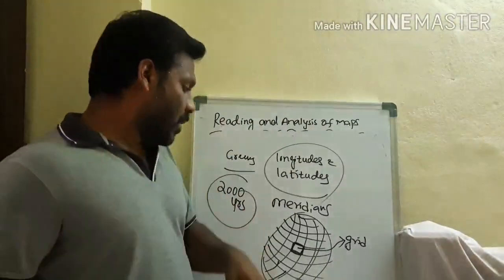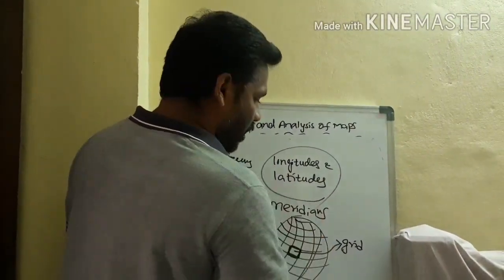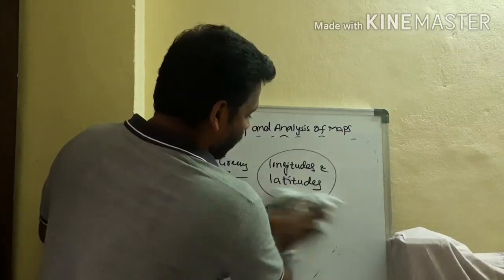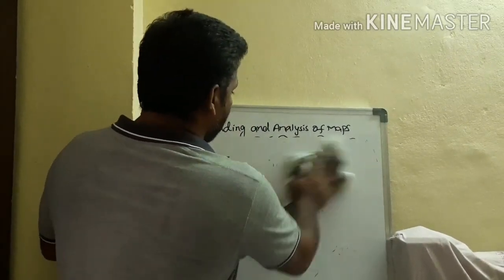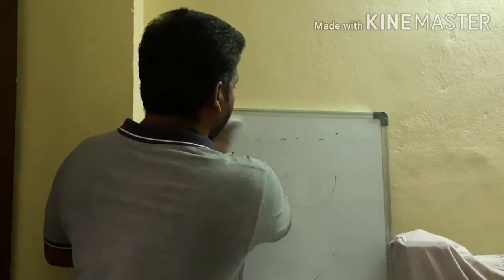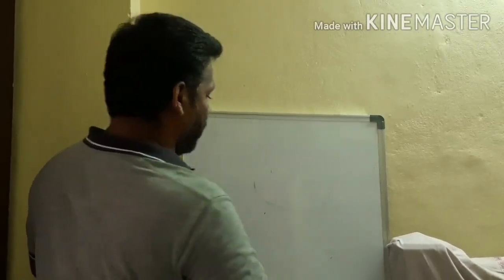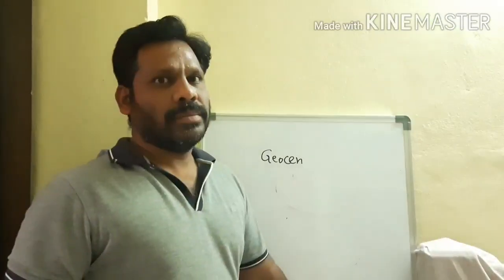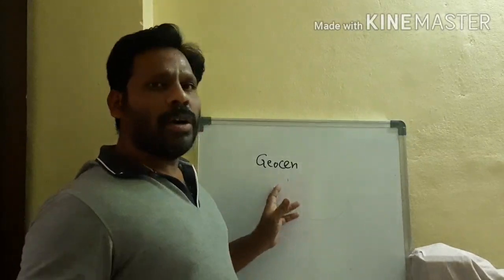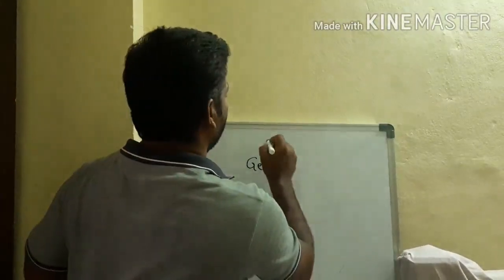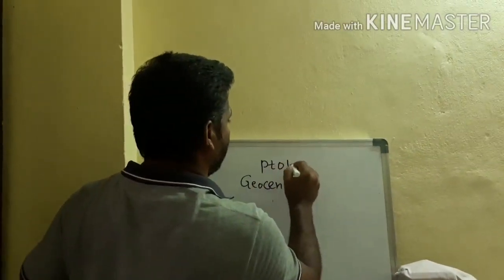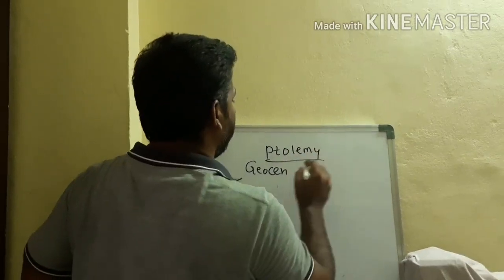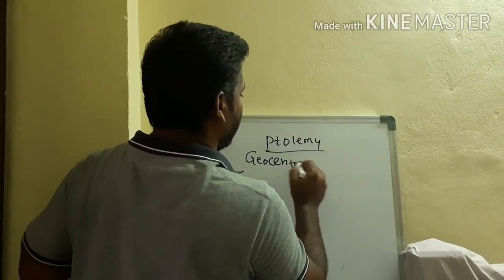Later on, one more important personality, Ptolemy. I think we already discussed him in the previous class. Ptolemy, a very important and famous person, proposed a geocentric theory.